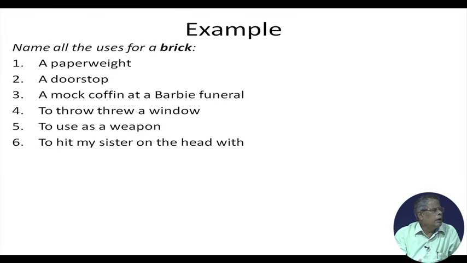But the unconventional uses: it can be used as a paperweight, it can be used as a doorstop, it can be used to throw through a window, it can be used as a weapon, it can be used to hit my sister on the head. So, these are some of the unusual uses of the brick.